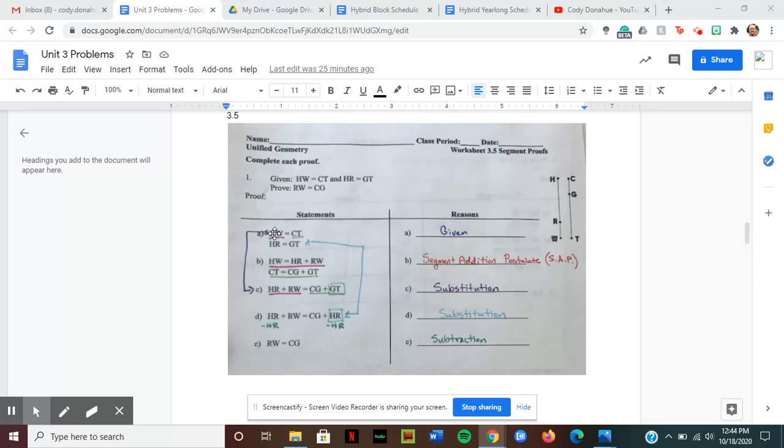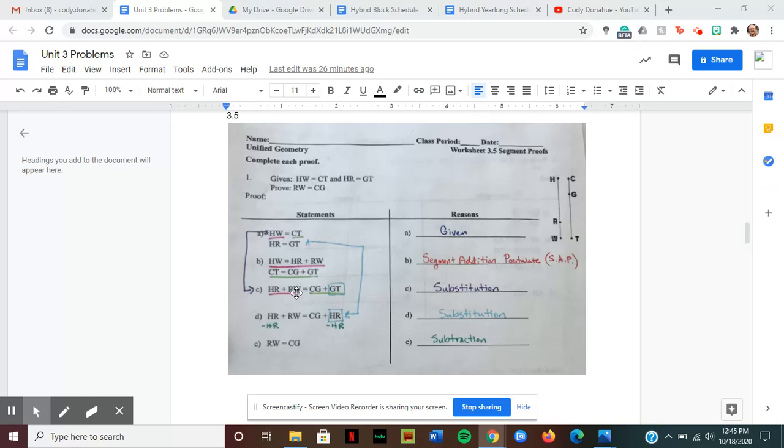What they did right here is they took the first statement from A and rewrote it for statement C using what we learned in statement B. We learned that HW is equal to HR plus RW, so HW up here is rewritten as HR plus RW right here. CT is rewritten down here as CG plus GT. So we took what we learned from B and A and combined that information to get our statement C.